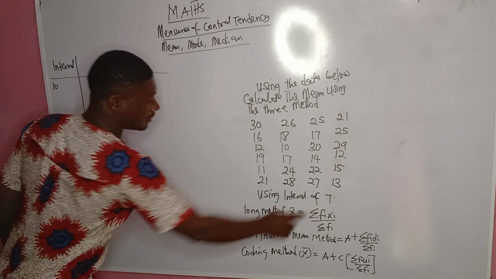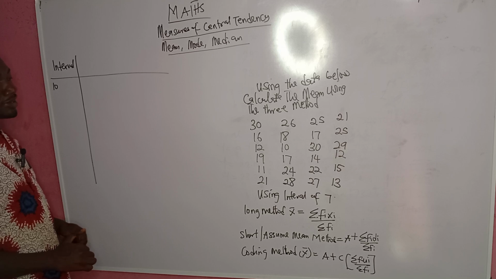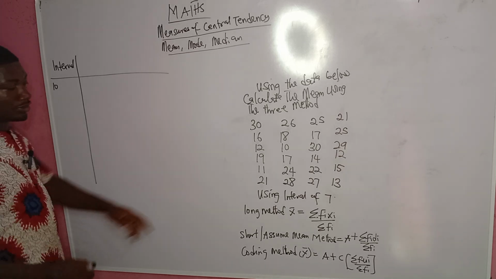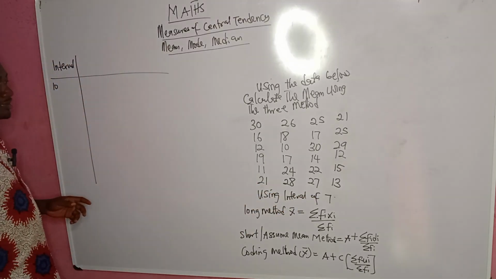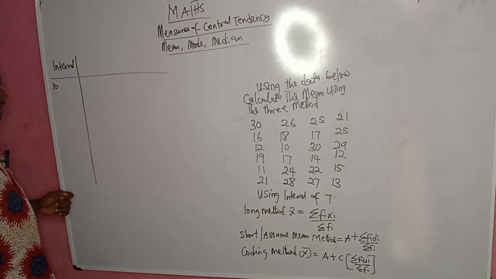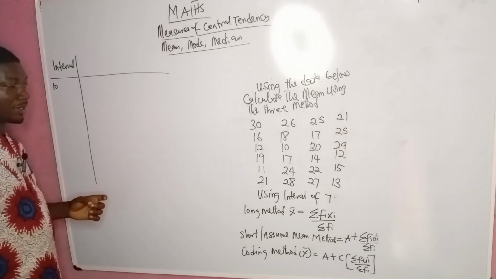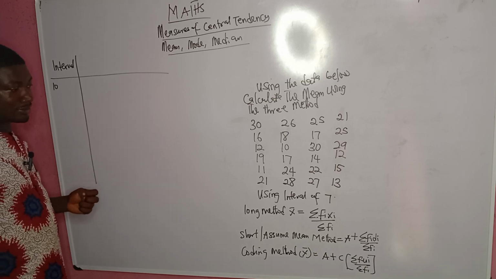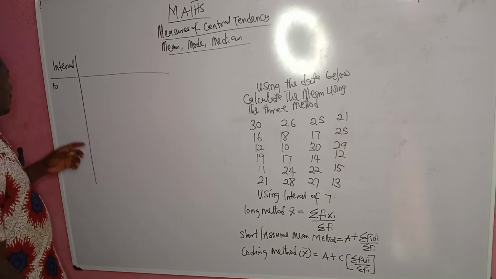The interval given to us is 7, and when an interval is given to you, you subtract 1 from it. So since 7 was given, we work with 6. If it was 8, you work with 7. If it was 9, you work with 8. If it is 10, you work with 9.